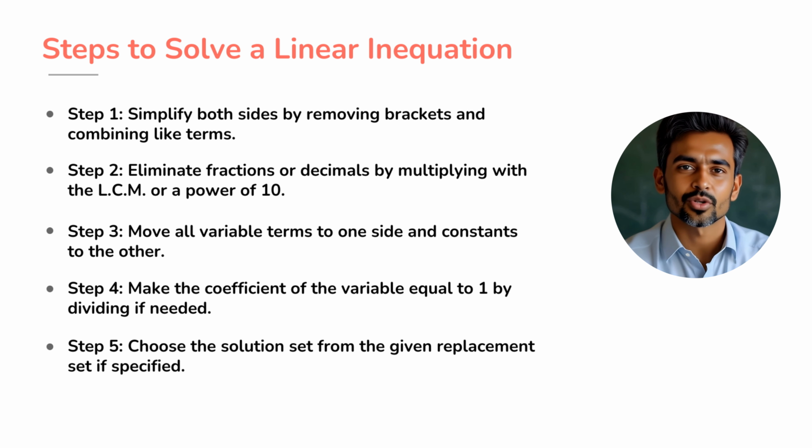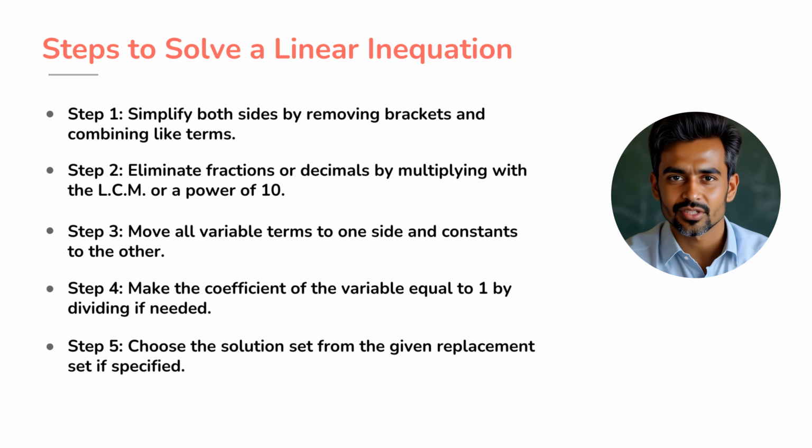Now let's walk through the procedure for solving linear inequations step by step. Step 1. Simplify both sides. Remove brackets and combine like terms. Step 2. If fractions or decimals are present, multiply both sides by a suitable number, like the lowest common multiple or a power of 10, to eliminate them. Step 3.